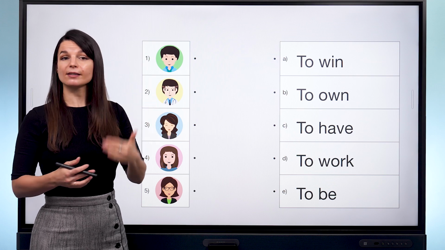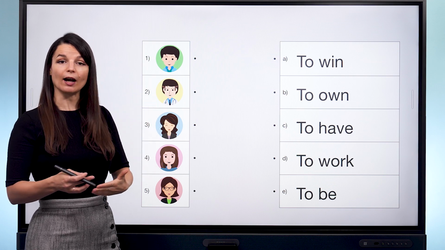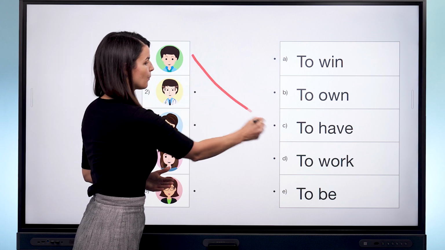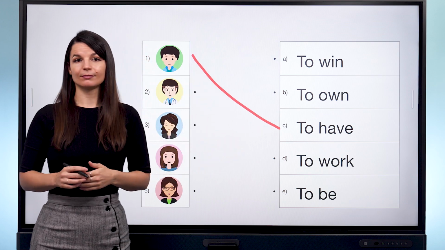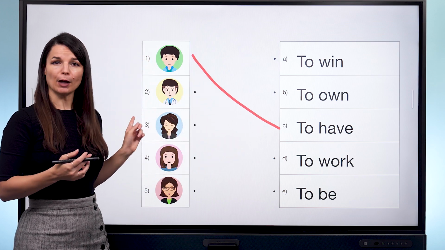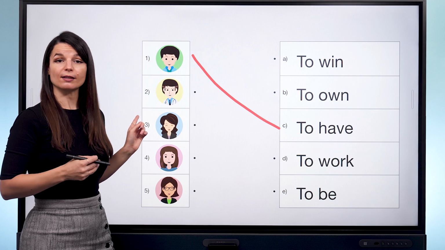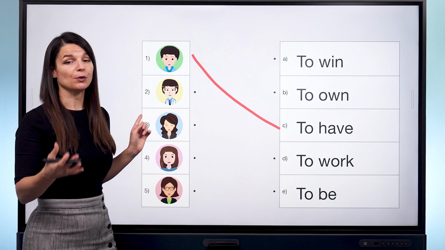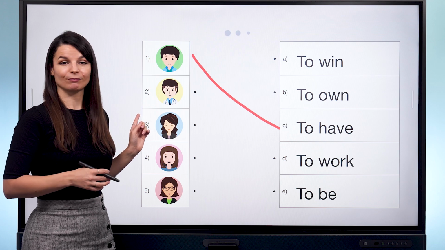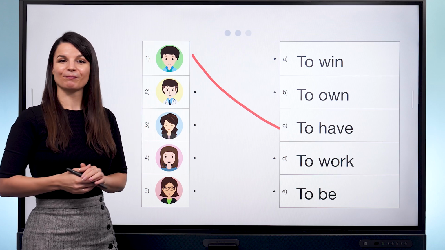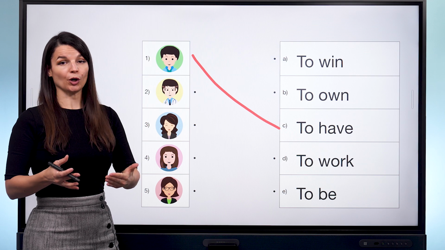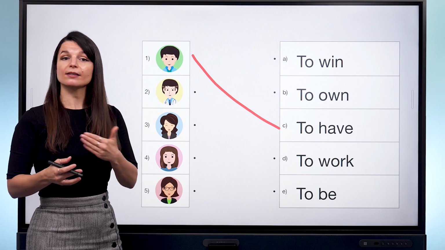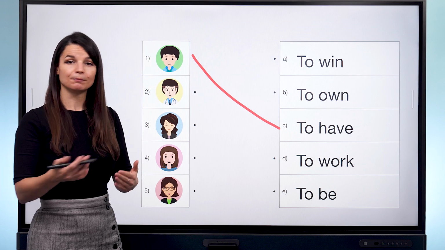Had is the past simple form of to have. How about, if I were you, I would order 2 pizzas. Let's listen one more time. If I were you, I would order 2 pizzas. Did you hear were? Were is the past simple form of to be.